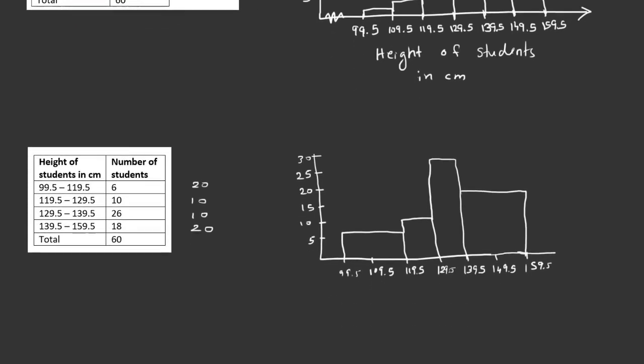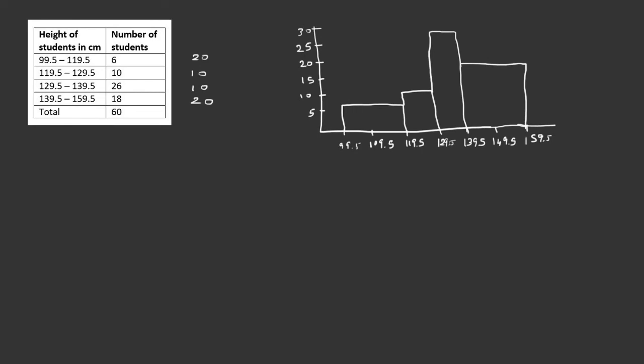So here the width of the bar is important. That is, in a histogram, class width is important. Here we have to take the area of the rectangle to be proportional to the corresponding frequencies. We know the area of a rectangle is length into breadth.